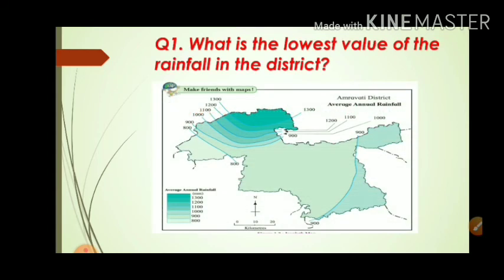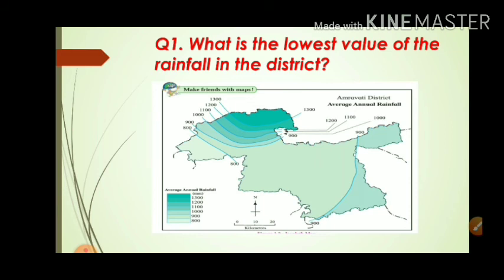The next question is: what is the lowest value of the rainfall in the district? When we think about the lowest value and the highest value of rainfall in Amravati district, first of all, again we have to see this map. When we see this map in detail, we will get the answer of that question.